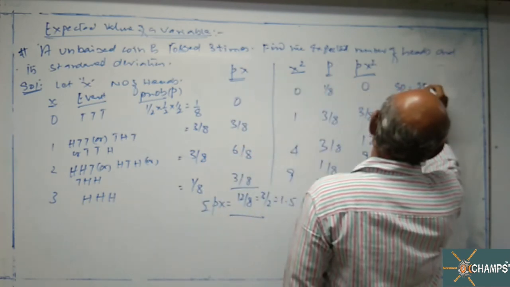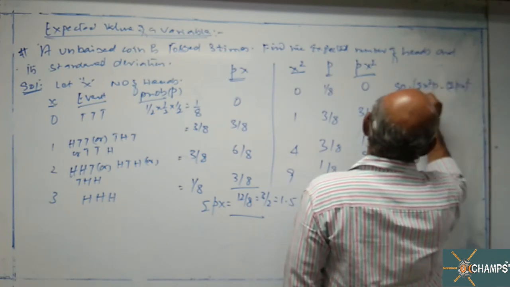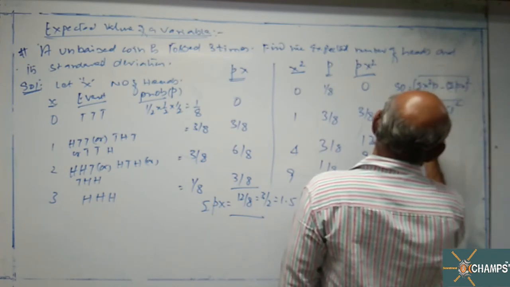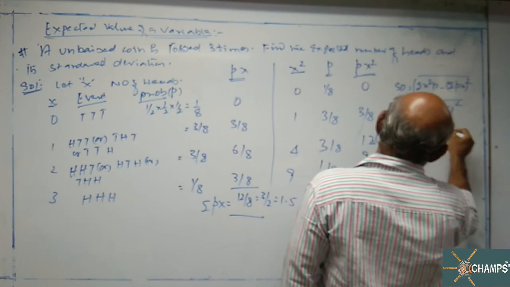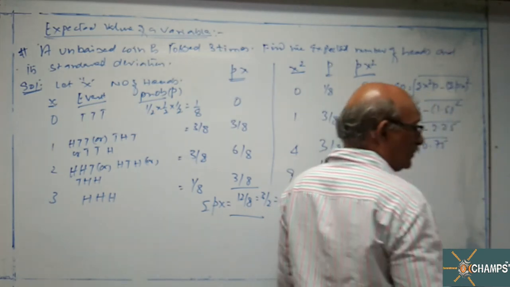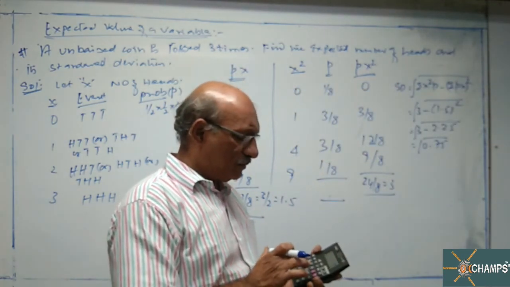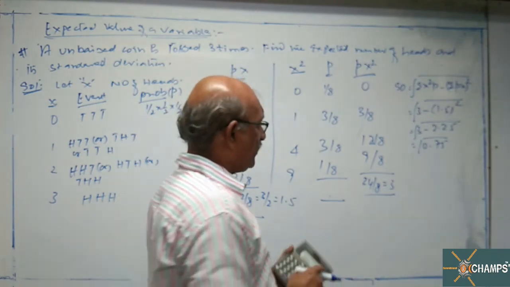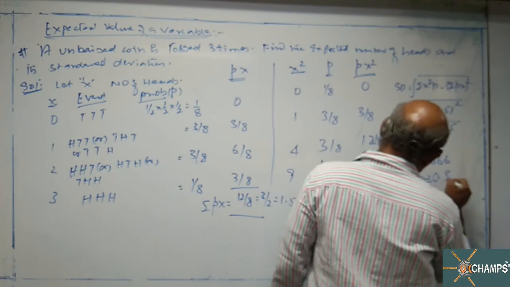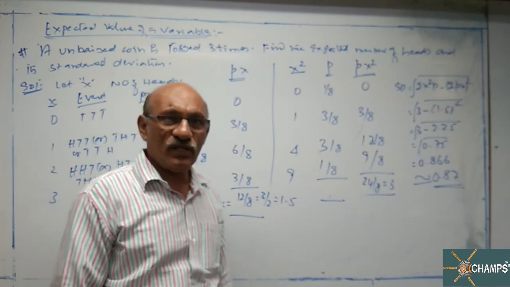Standard deviation is the square root of summation of x square p minus summation of px whole square: 3 minus 1.5 whole square under root, 3 minus 2.25 under root, 0.75 under root, 0.866, approximated to 0.87. Okay sir, this is the correct answer for this question.